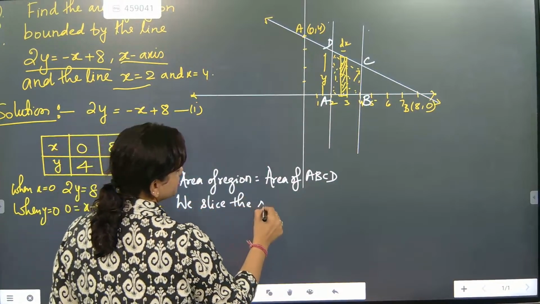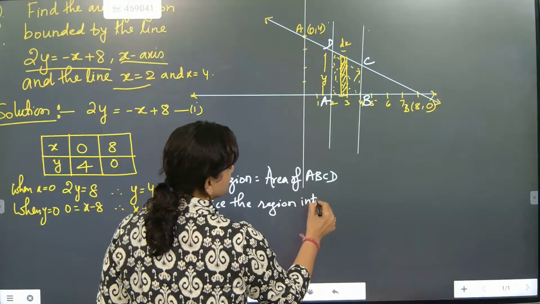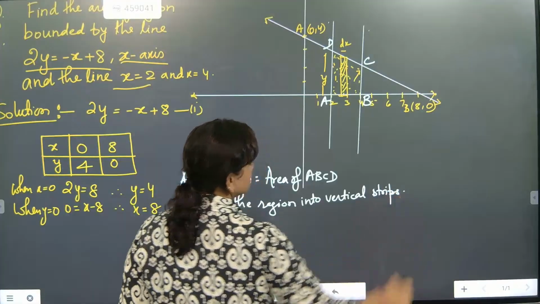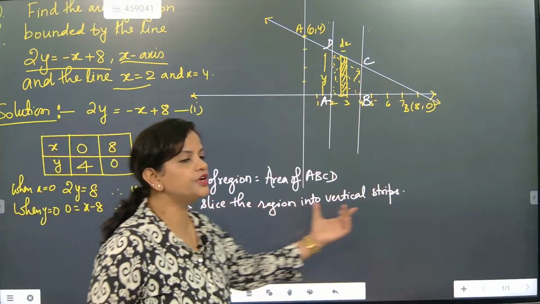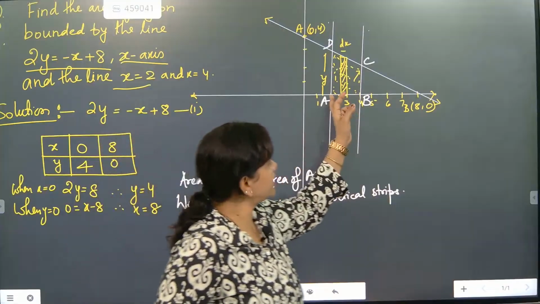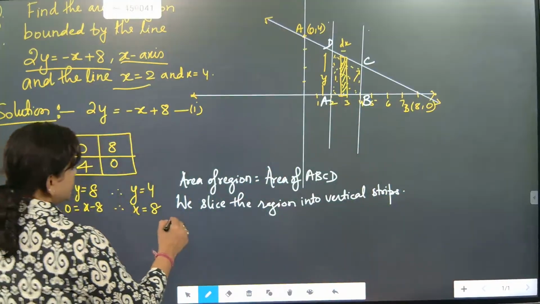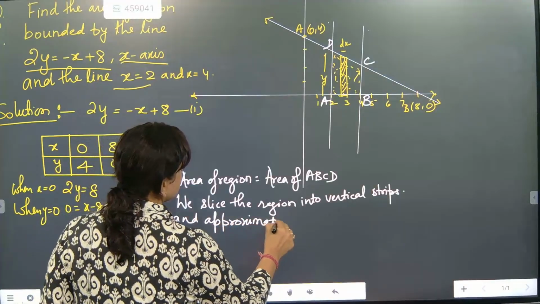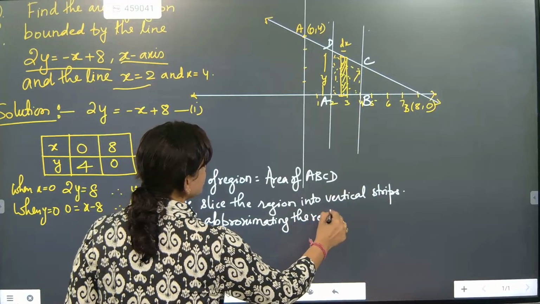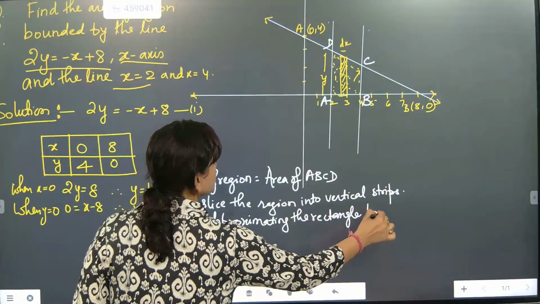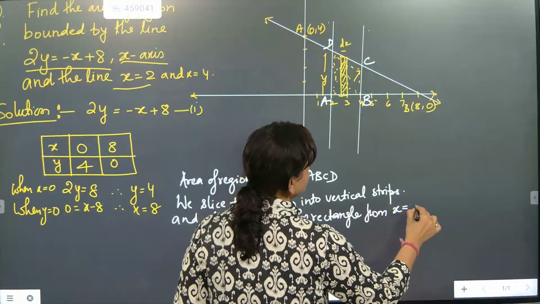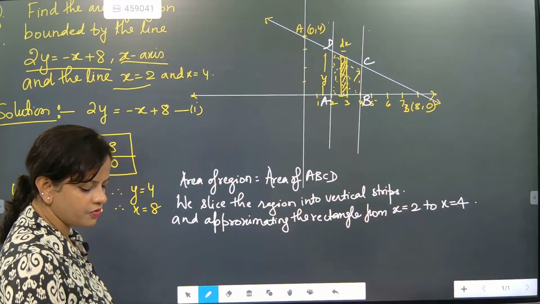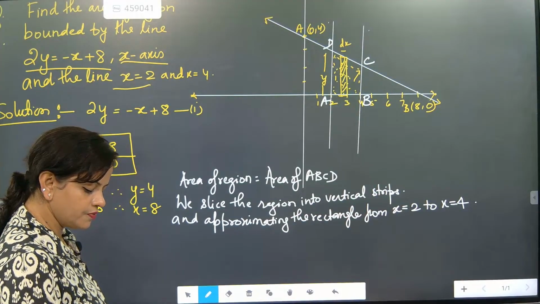Here, we slice the region into vertical strips. Once you are slicing the region into vertical strips, now you have to approximate the rectangle from A to B, approximating the rectangle from x is equal to 2 to x is equal to 4.